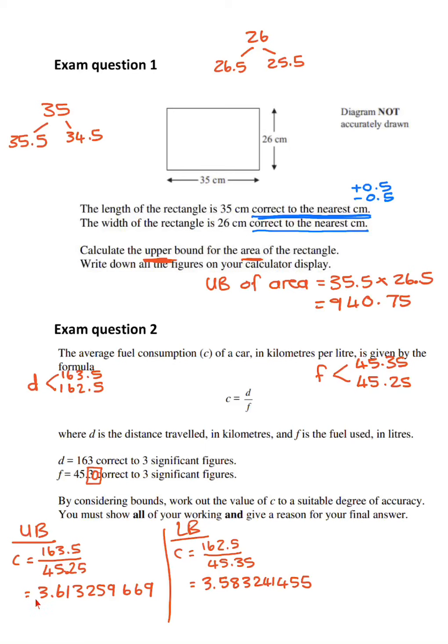So this rounded to 2 decimal places is 3.61, but this will be 3.58, so not the same anymore. So my best answer would be if I round to one decimal place, where both of them would give me 3.6. So my answer for C, to a suitable degree of accuracy, is 3.6.